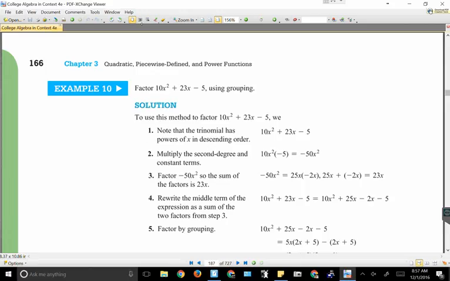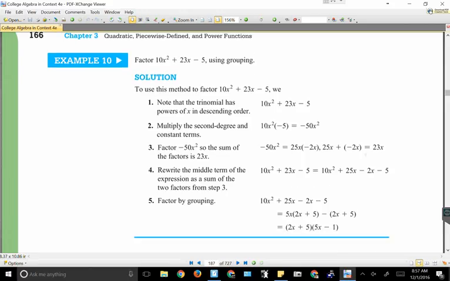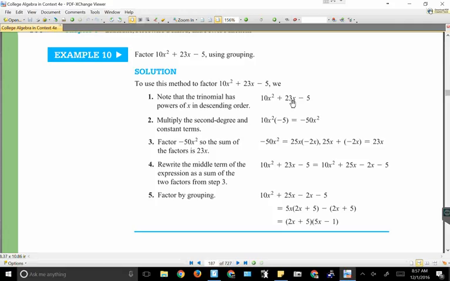If I go through and look at example 10 here, they start off with this. They multiply these together and they do a whole bunch of wonderful stuff there to get us this. Does that seem an easy way of doing things? Maybe. Maybe not.